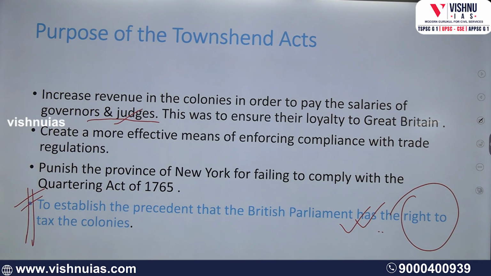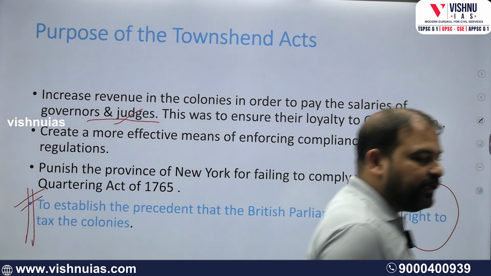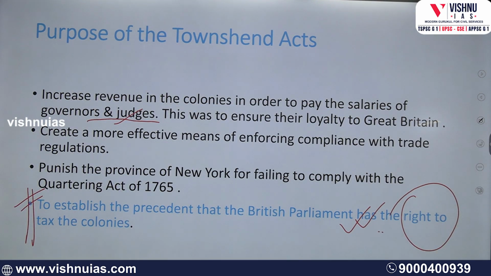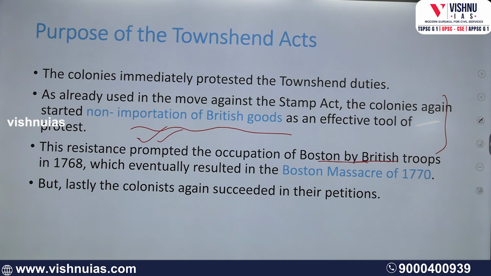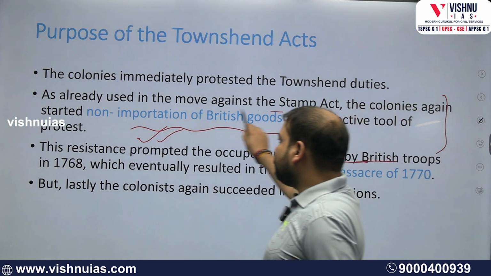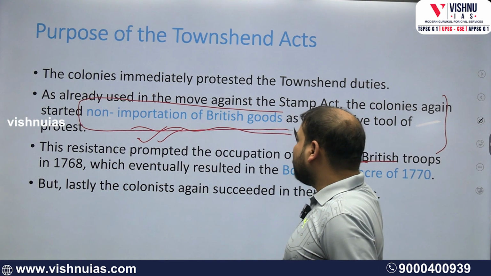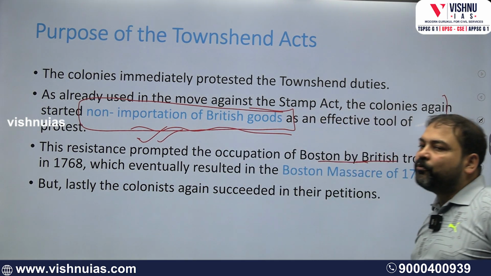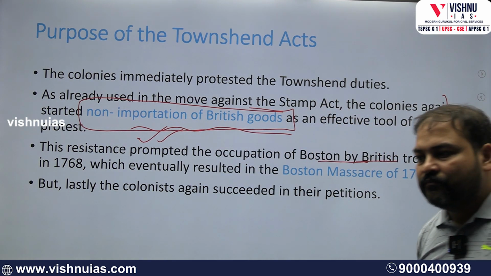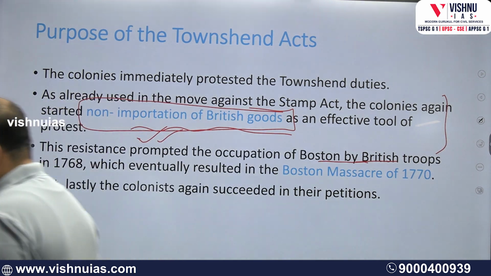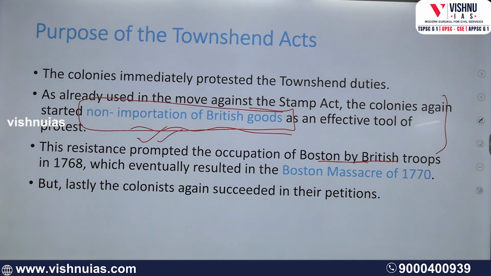This is the most important point, to establish that the British could tax them anytime, wherever they wanted. Am I clear? Please write, how did they protest? Just write method of protest: non-importation of British goods.